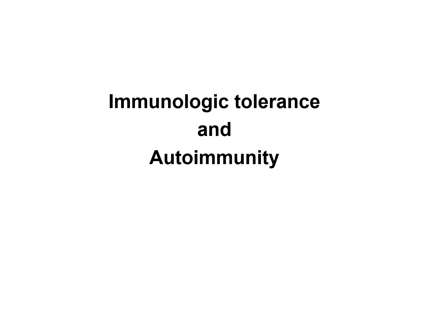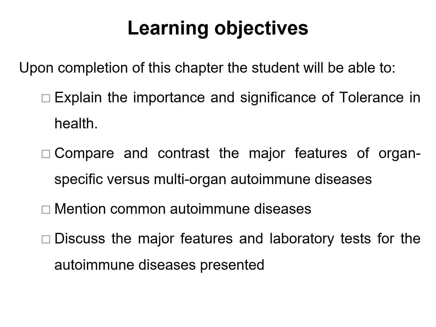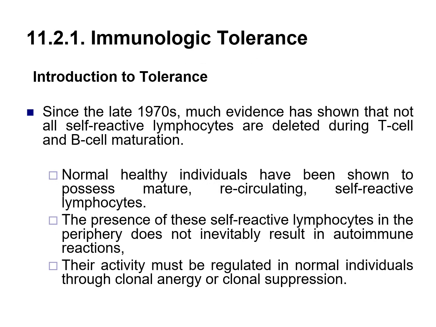The second half of this presentation is about immunologic tolerance and autoimmunity. If you remember, lymphocytes, especially the T lymphocytes, are selected based on positive and negative selection. However, not all of them are deleted, especially those that are supposed to be deleted.